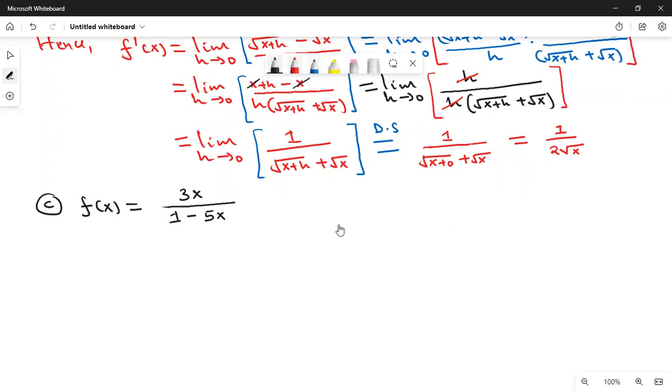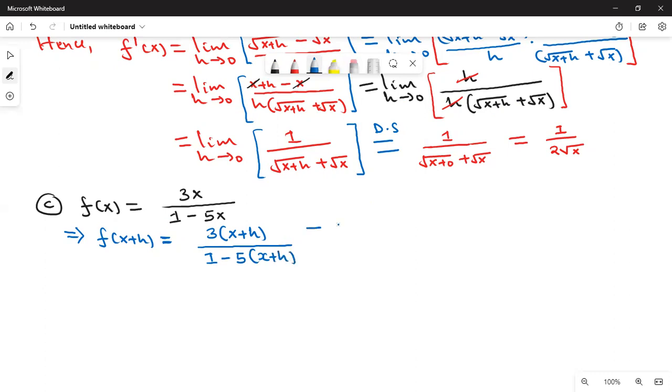So again, as usual, let's get f of x plus h. F of x plus h. It means where there is x, you are going to put x plus h. So this will give us 3 times x plus h divided by 1 minus 5 into x plus h.